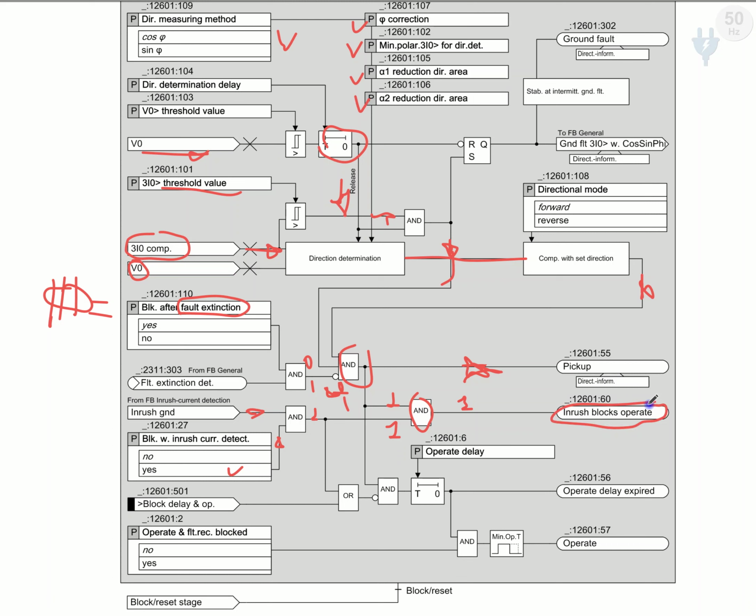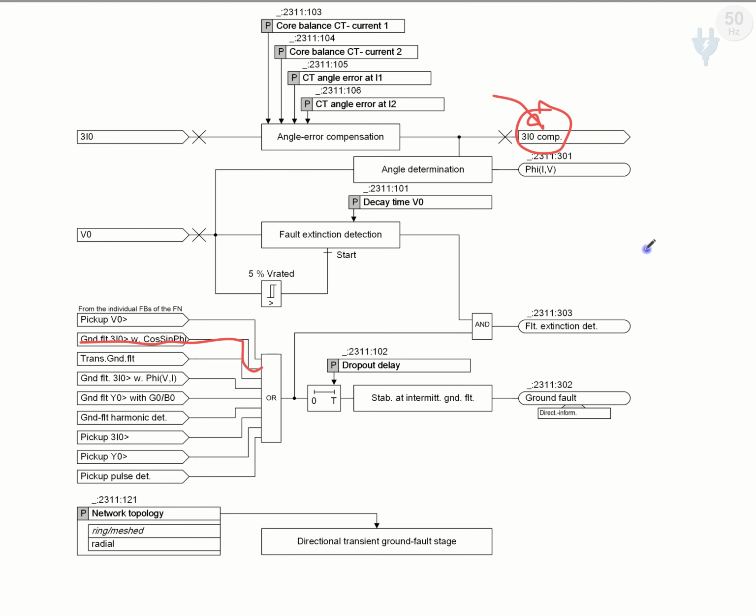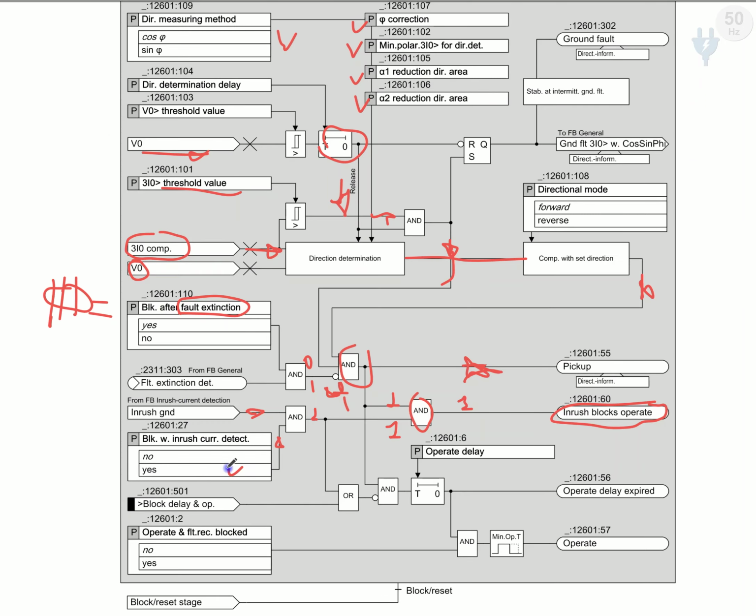It is recognized by the system that an inrush block operates. It means now we have an inrush current, and furthermore we should not pick up. It will block all operation of the system if we select this one, yes, and we have an inrush. Otherwise it will operate even if there is an inrush current.